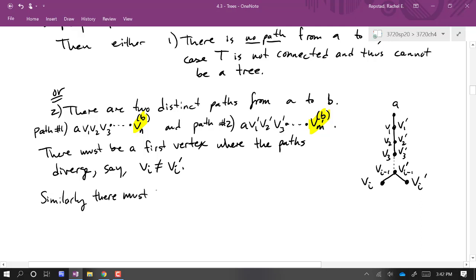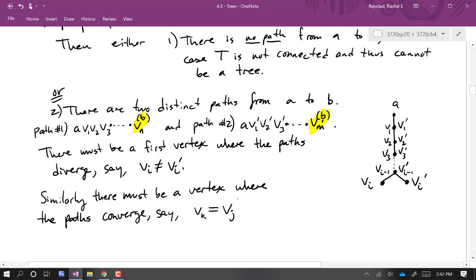We just know that it happens. Let's say that happens at Vk in the first path, and that is the same as the vertex, say, Vj prime in the other path. I'm using different subscripts because the paths could be different lengths.